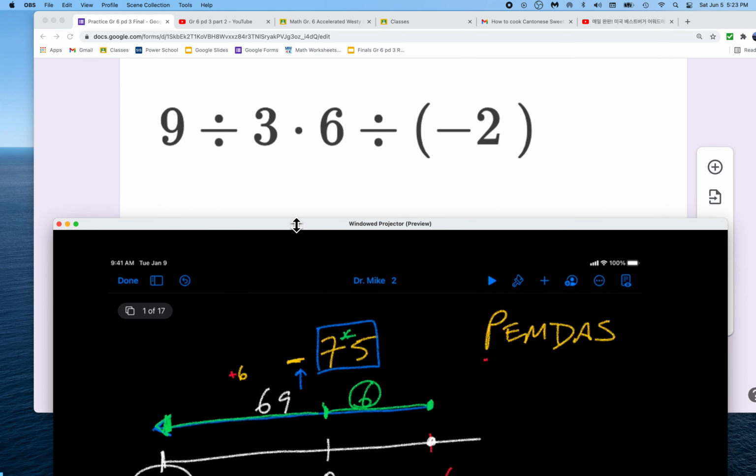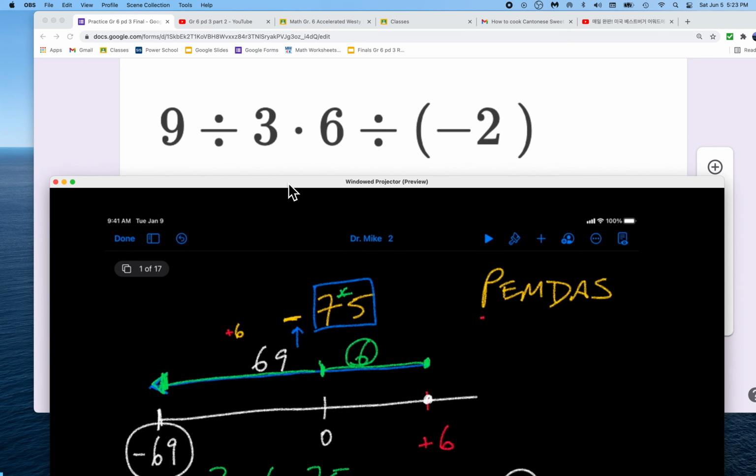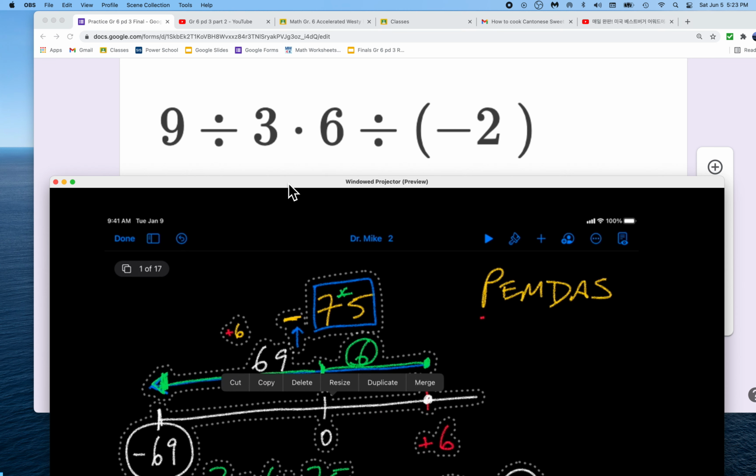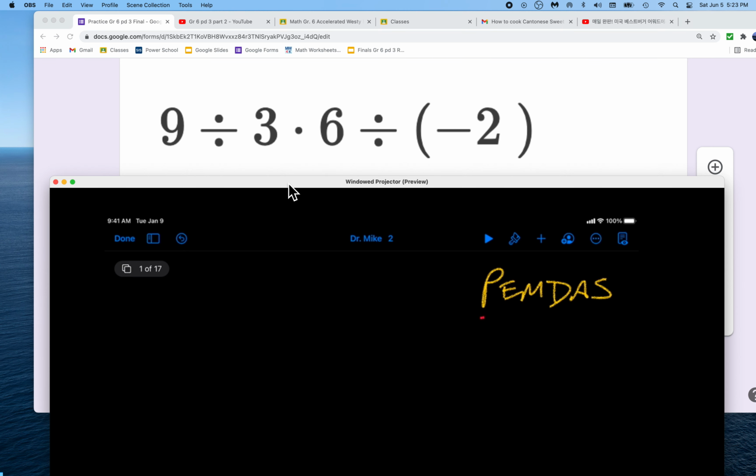Okay, next one, another PEMDAS. Okay, so what do we have here? We have division, multiplication, division by a negative.